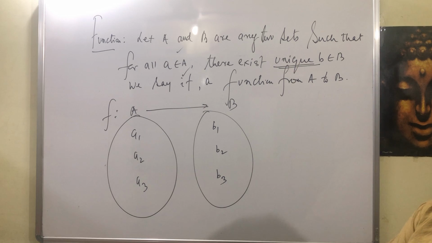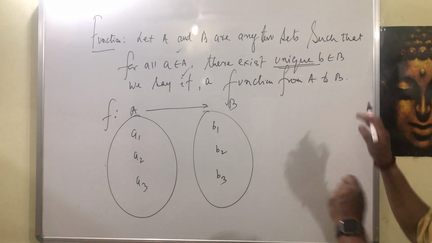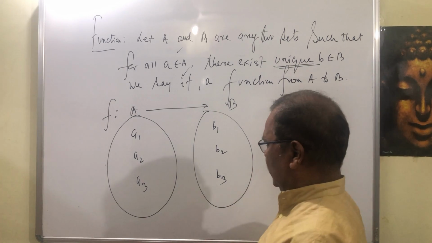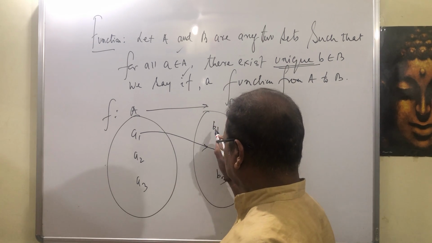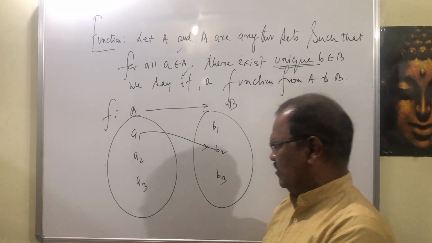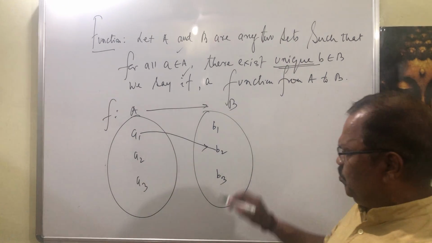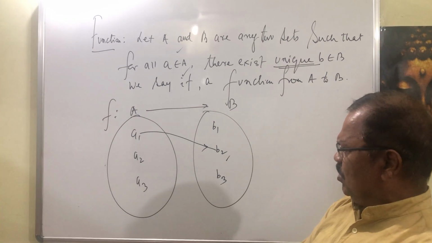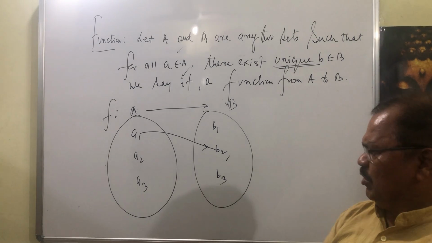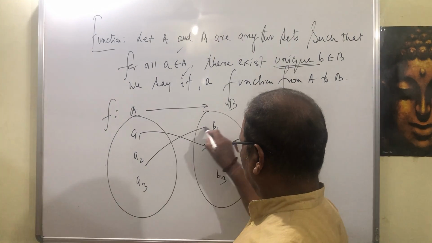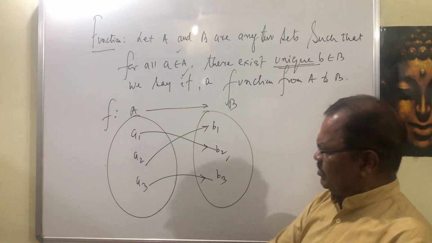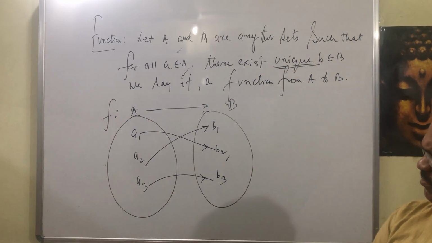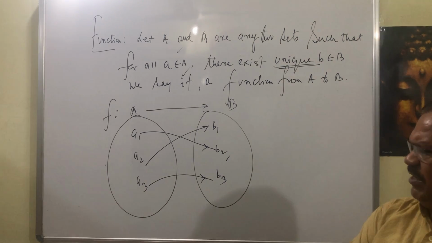Now for all a belongs to A, there exists a unique b belongs to B. For example, A1 will associate to B2 only, not B1. That's called unique. Once A1 has gone to B2, A1 will not go to B1. A2 will go to B1. A3 is going to B3. So all elements of set A are associated with elements of set B.